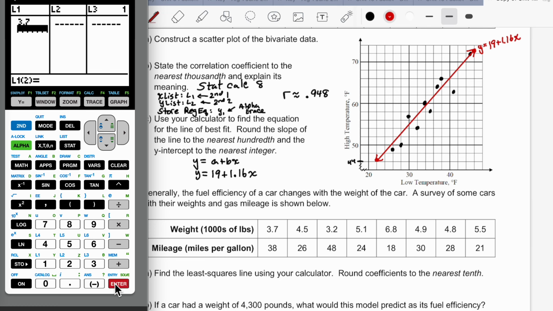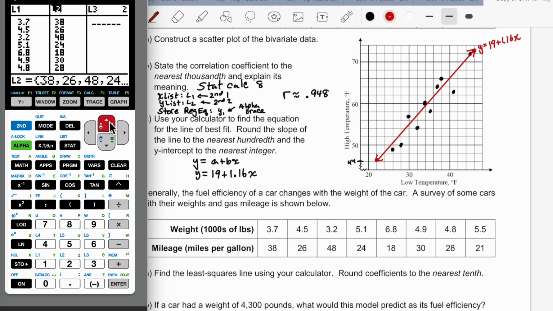We type in our data. Carefully. So you have your information in, do a quick double check, make sure you typed it in correctly.